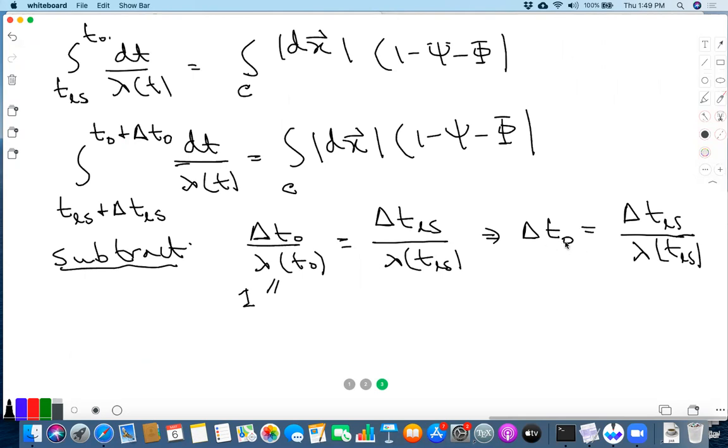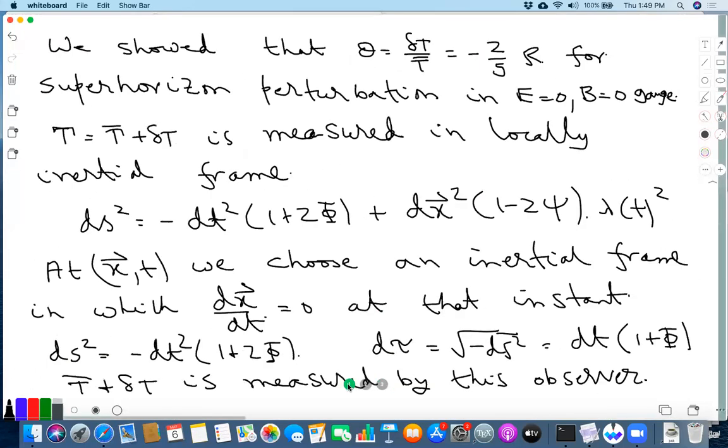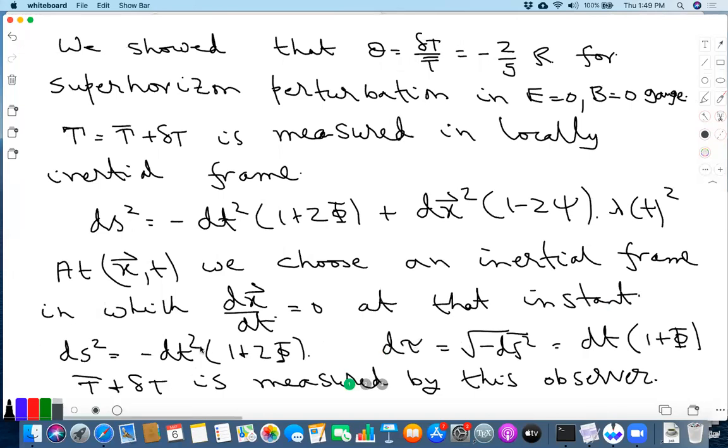So this tells us how to relate delta T naught to a time difference of delta T ls. But now we are going to use this to relate it to delta tau. So dt is delta tau times 1 minus phi, you can see from here.